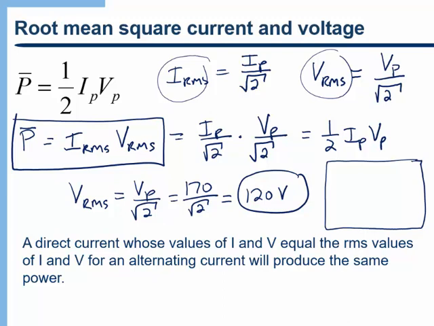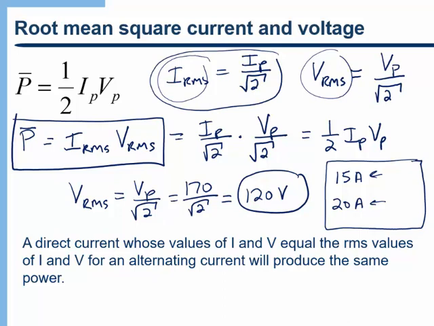So for example, when I told you that a typical household circuit has a circuit breaker of 15 amps or 20 amps, what I'm telling you is that the root mean square of the current can be up to 15 amps, or up to 20 amps, before that circuit breaker blows. The peak current is actually higher because, again, we have this formula.